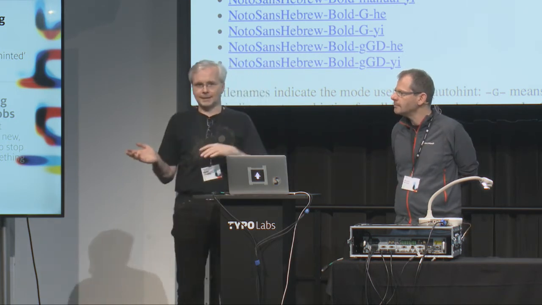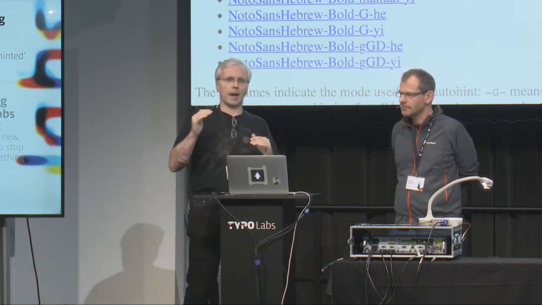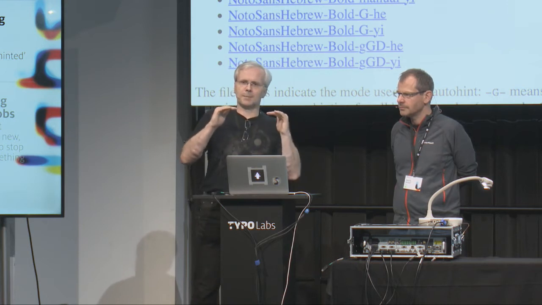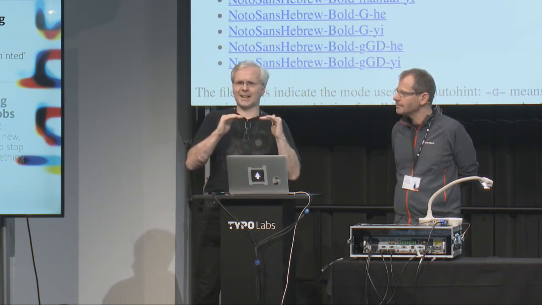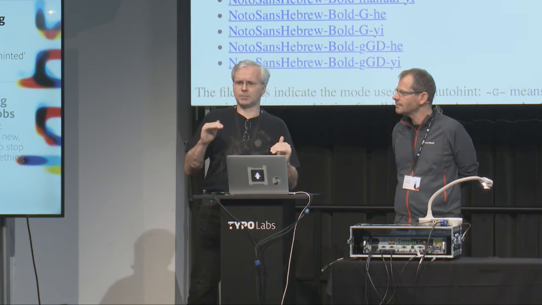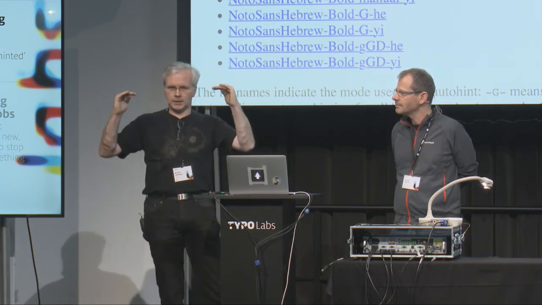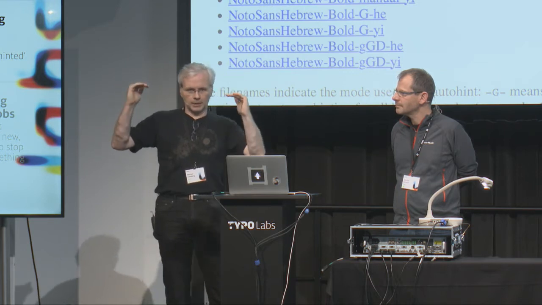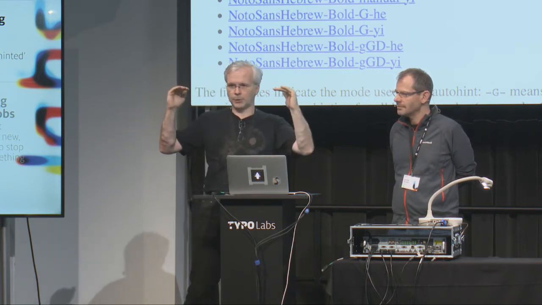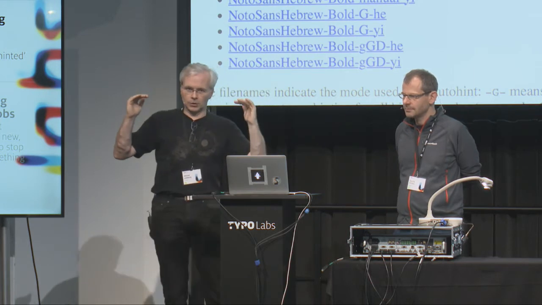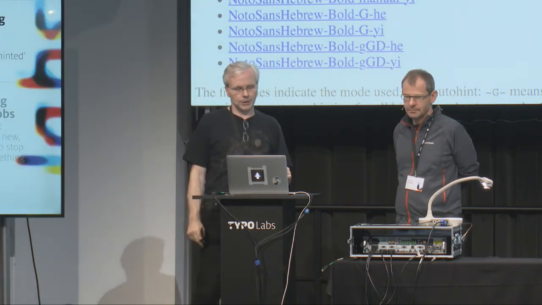There's a slight hinting that tries to align lines on some discrete values, not exactly integer values, but maybe 1.5. And lines which are in the vicinity are also aligned on this 1.5, so that you get a certain kind of slight harmonization.